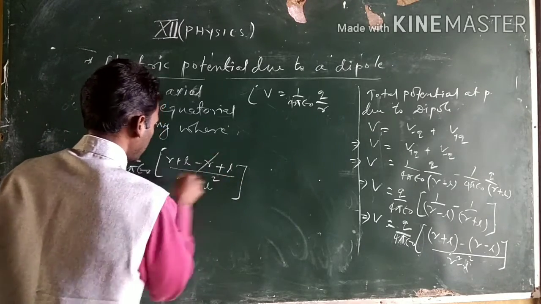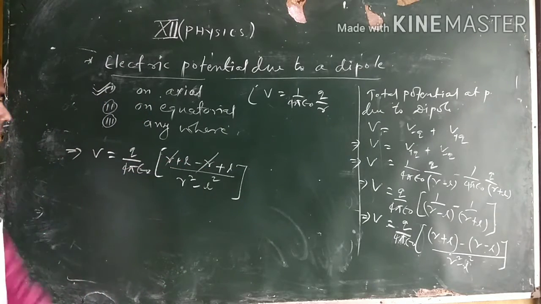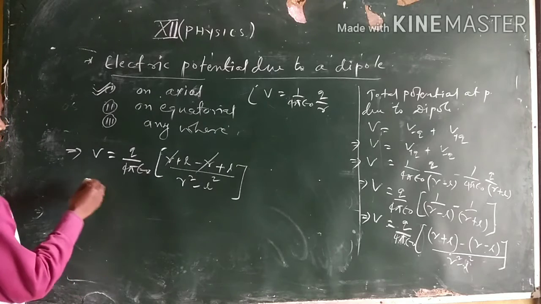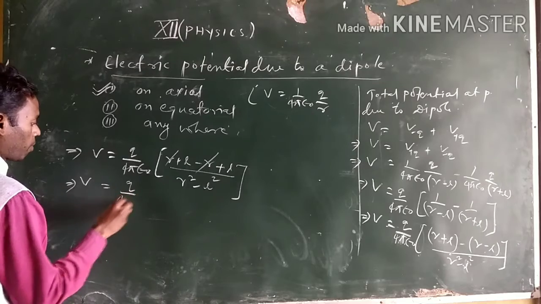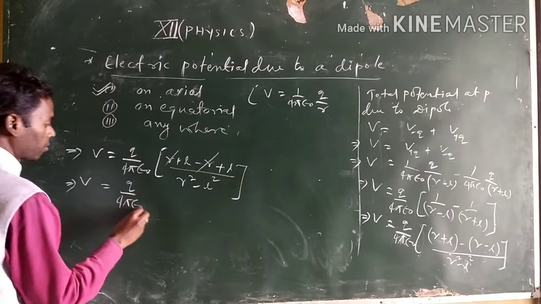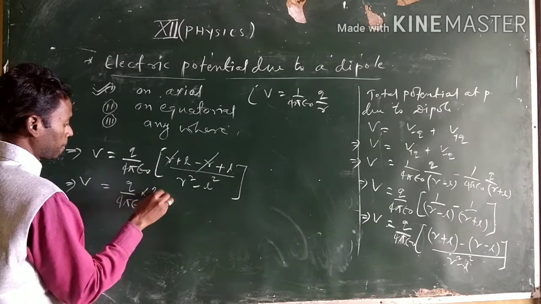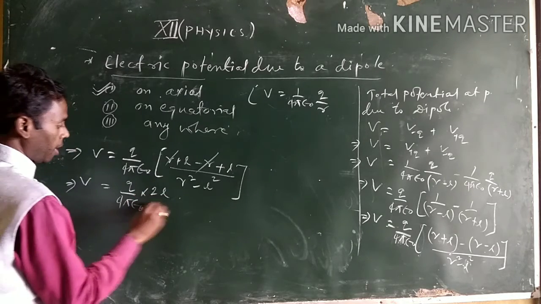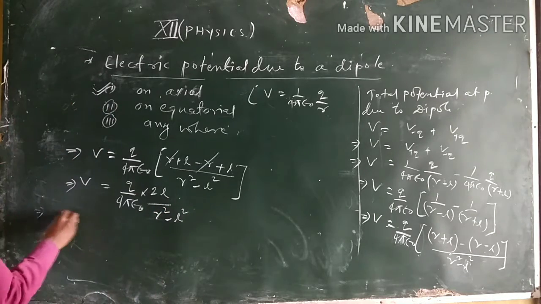Some terms are going to cancel out, that means this R is plus, L is minus, that way it will cancel out. After that, q divided by 4 pi epsilon naught, here 2L divided by R square minus L square, right?